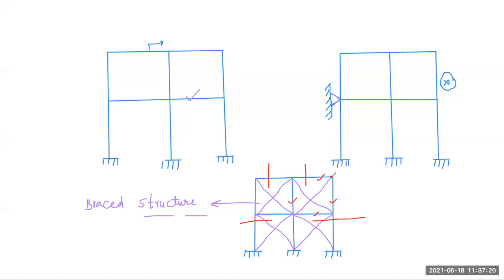Basically this beam is connected with that beam by this structure, which is known as a brace structure. After the earthquake in Bhuj, Gujarat, in 2003, all structures are generally made with braced structure. In a braced structure, we connect one part of a beam with another part, and one part of a column with another part.